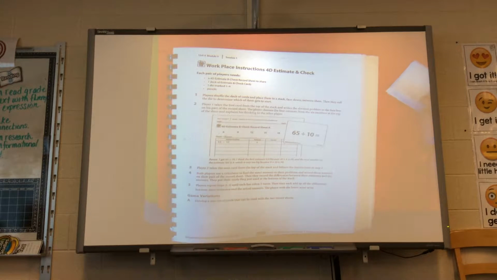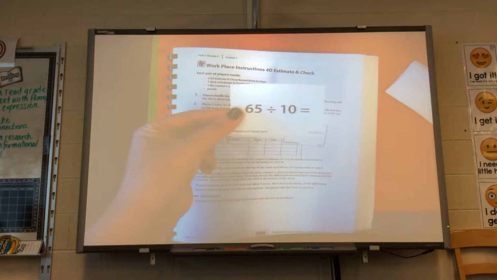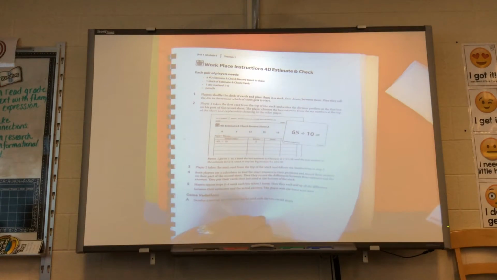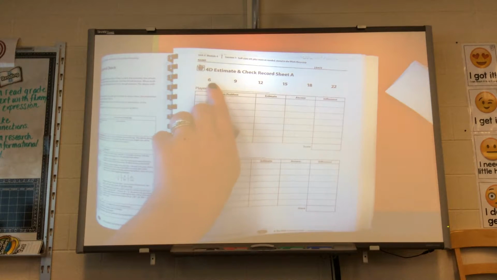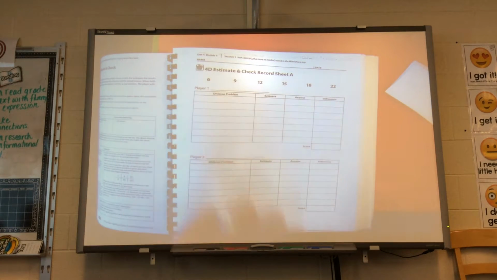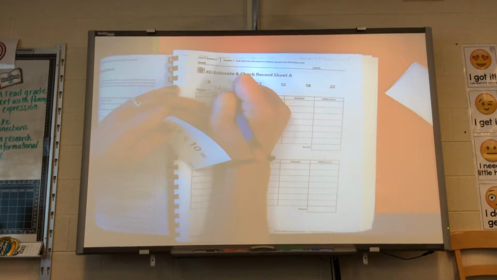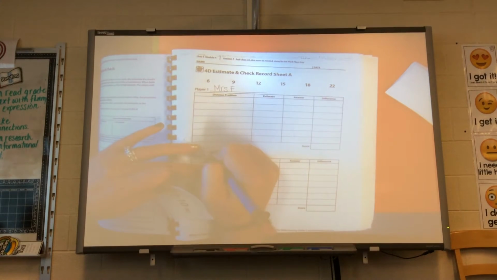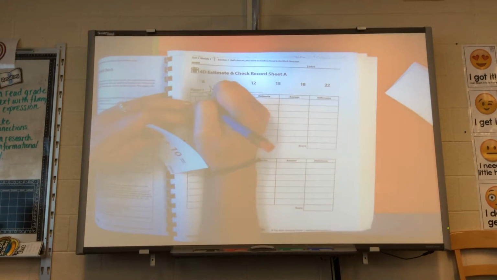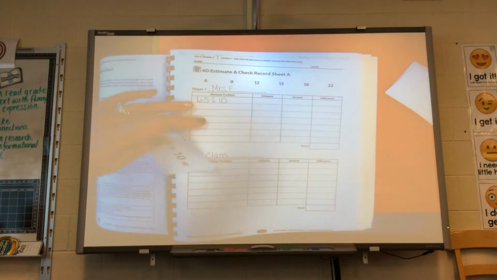Player 1 is going to take the top card off of the deck, 65 divided by 10, and choose the best estimate from these numbers here at the top. So player 1: my problem is 65 divided by 10.